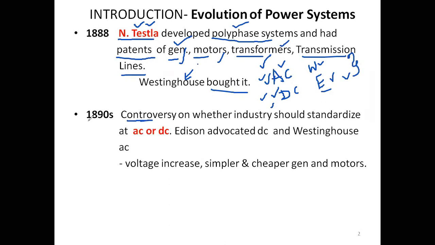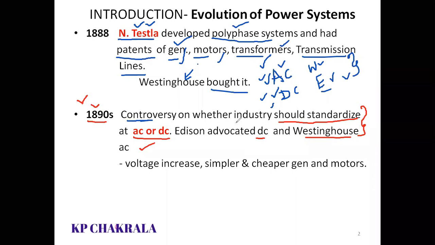In the 1890s, there was a controversy on whether industry should standardize on AC or DC. Edison advocated DC and Westinghouse AC. That was the problem in the 1890s. In the entire world, the use of electricity had increased and they wanted to go for manufacturing industries.